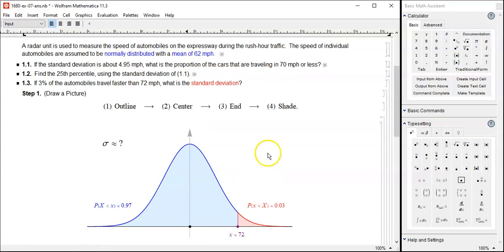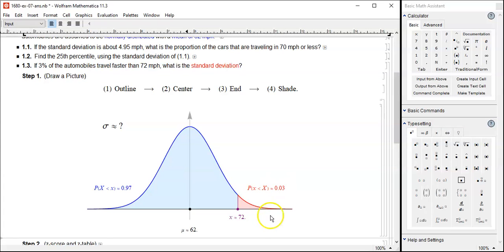And here's a picture. 3% of the automobiles travel faster than 72. So this part over here, which is shaded in red in this case, corresponds to 3%. So by default, to the left, 97%. Makes sense? 0.03 here, 0.97 here to the left.